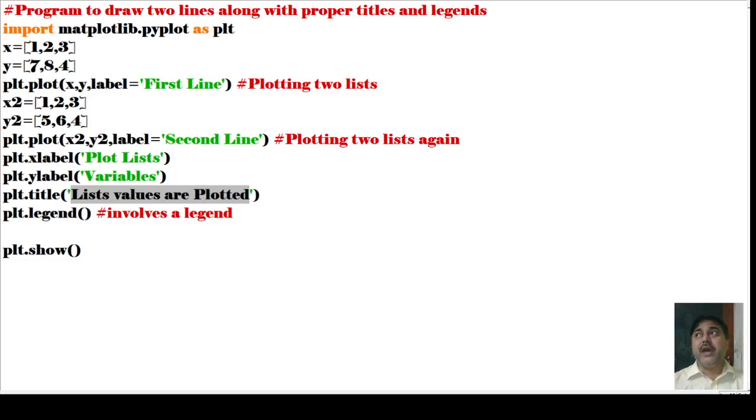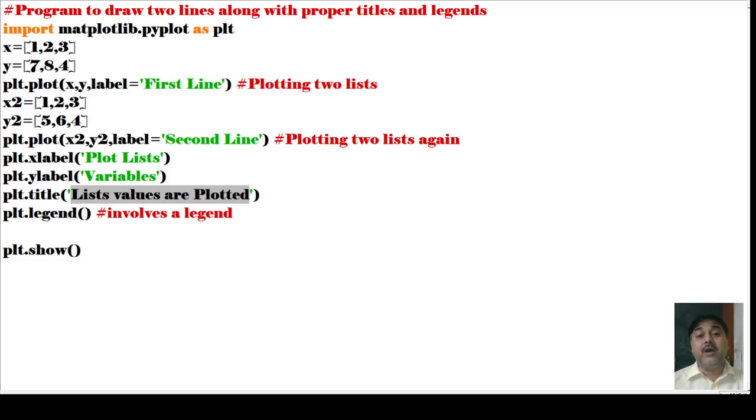Okay, so we have this particular structure based on which we are creating it. First and foremost I have given the x label name, second the y label name, and after that the title of the graph, which is: list values are plotted.